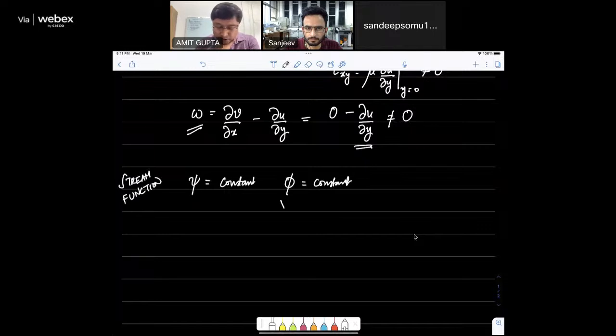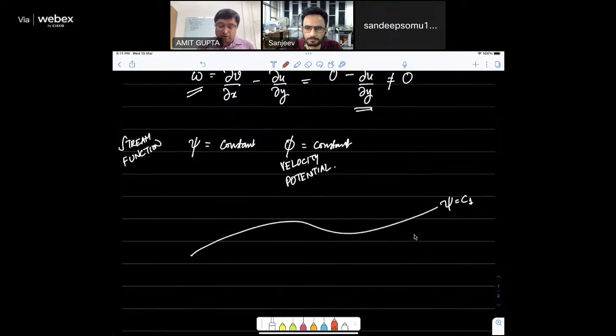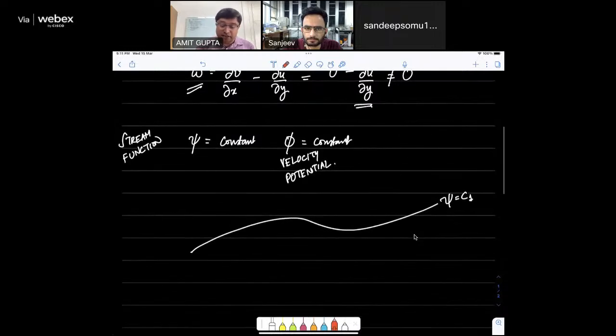And phi is the velocity potential. So when you look at these lines, maybe the psi constant line is this line, maybe psi is C1. The lines of constant potential, constant phi, will always be perpendicular to these lines.